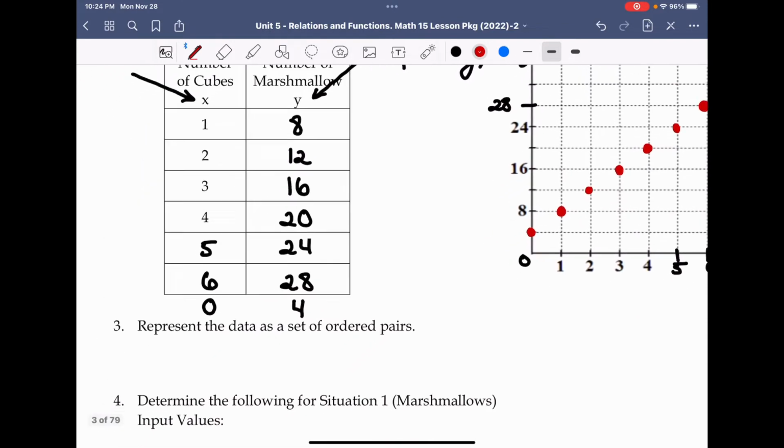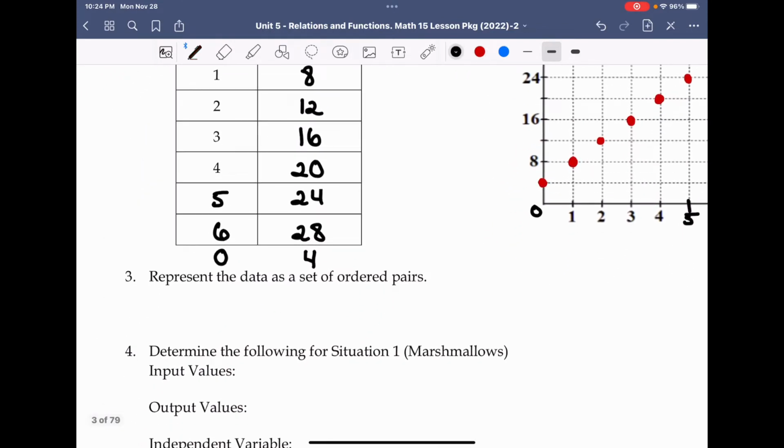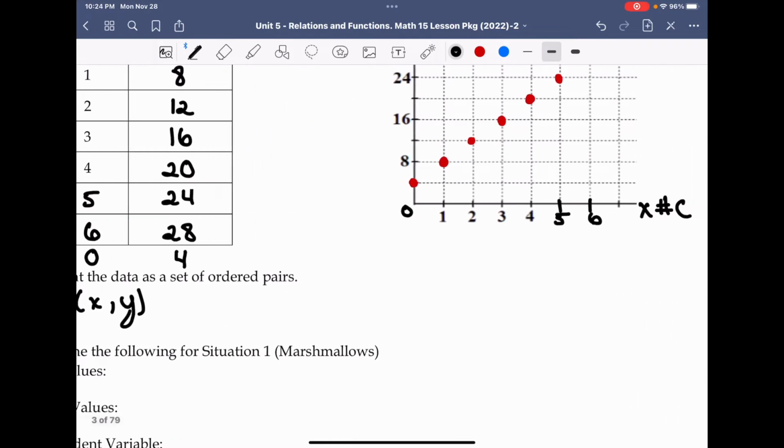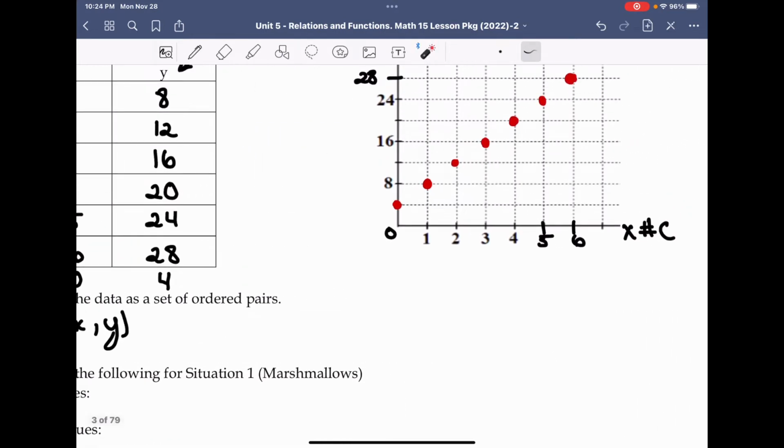Now, they say in our part 3 here, we're going to represent these as ordered pairs, or more specifically, x and y. An ordered pair is an xy solution where x always comes first, so we're going to do that actually on the graph. If you would like to do it in this section below here, that's totally fine, but I'm going to do it on the graph. We have 0 and 4, we have 1 and 8, and I'm going to erase this just to make it a little more neat.